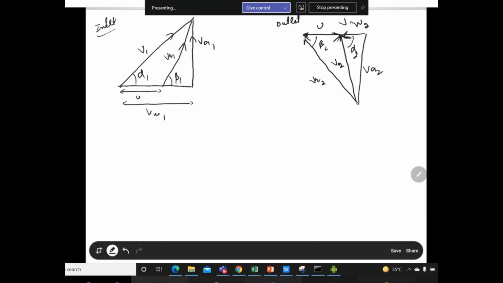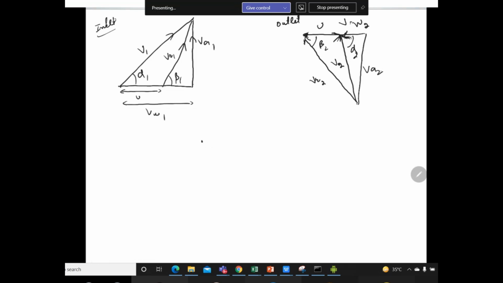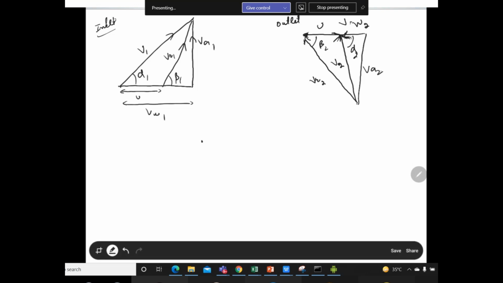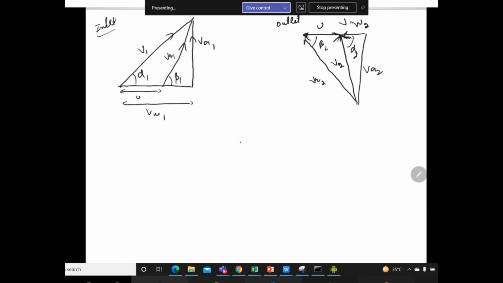What we have to do is just combine these two diagrams. In order to combine them, I will reorient them to get a useful figure out of it. For example, this is your point, and this is V1.